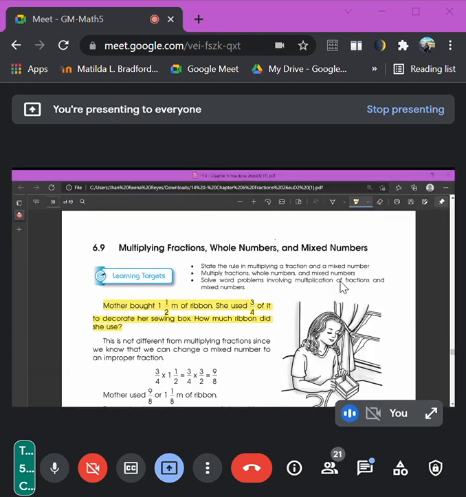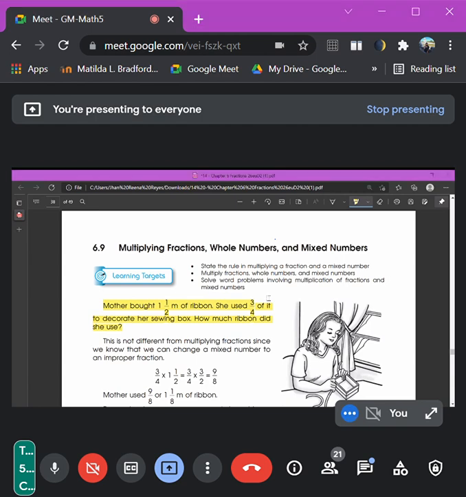Okay, what really is an improper fraction, class? Bigger. An improper fraction is a fraction where the numerator is bigger than the denominator. So the value of the numerator is greater than the denominator. So how do we change a mixed number into an improper fraction?